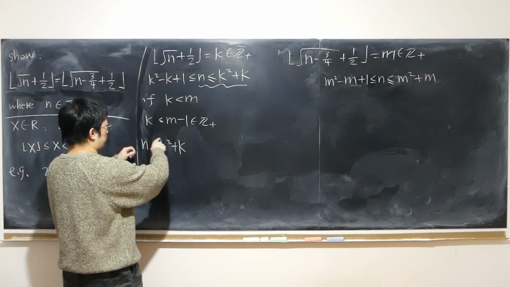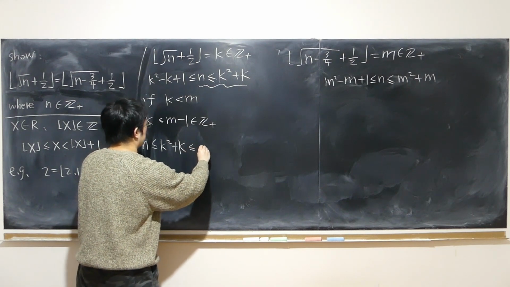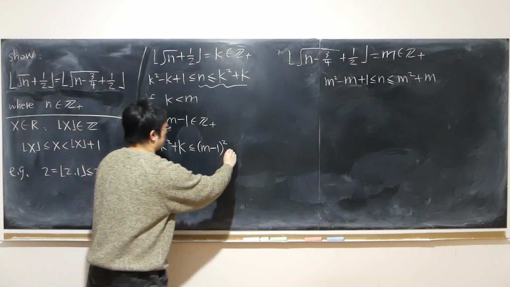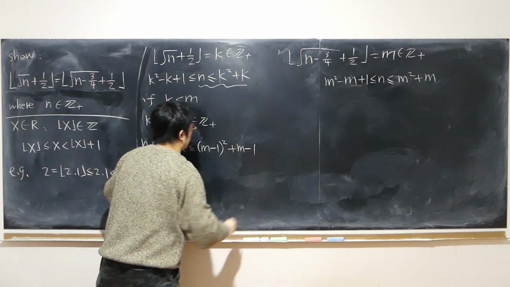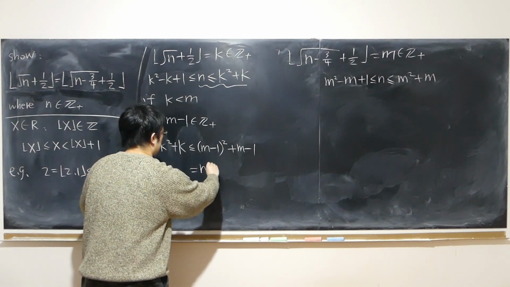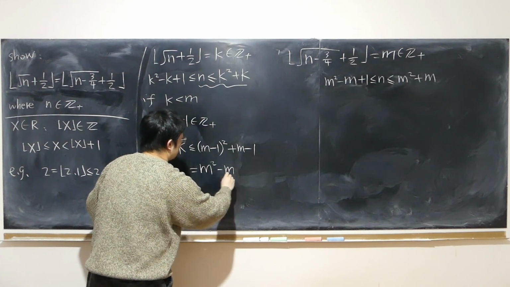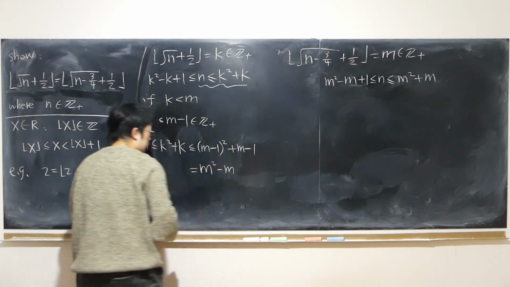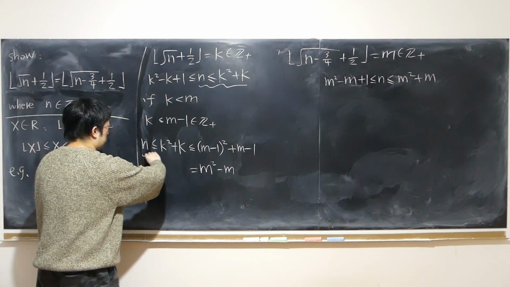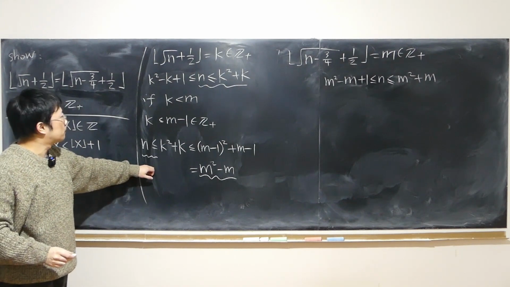So we replace k with m minus 1, loosening the inequality: less than or equal to (m minus 1) squared plus (m minus 1). And what is that? That is m squared minus 2m plus m, so minus m, plus 1 minus 1, nothing. Eventually I have n is less than or equal to m squared minus m.